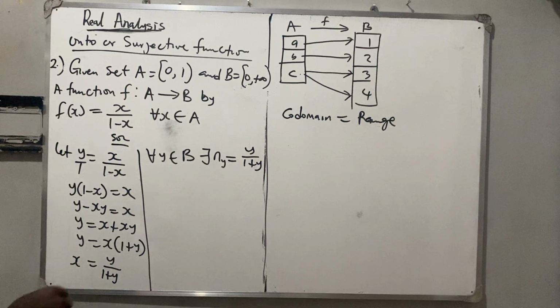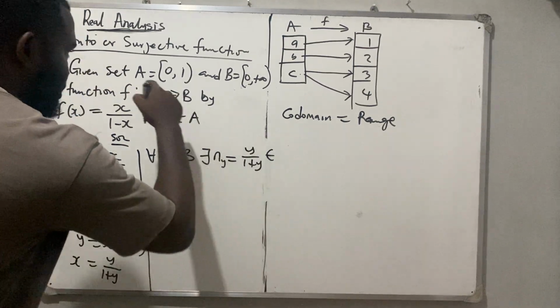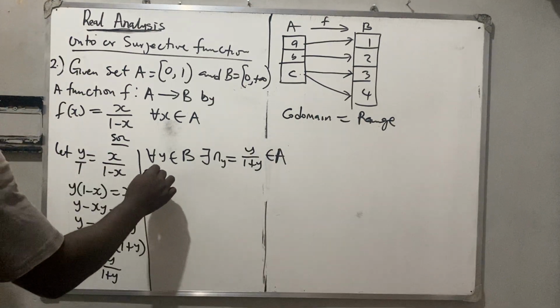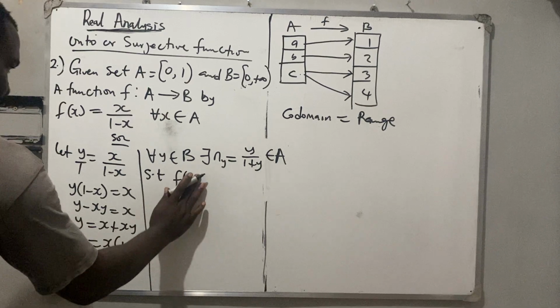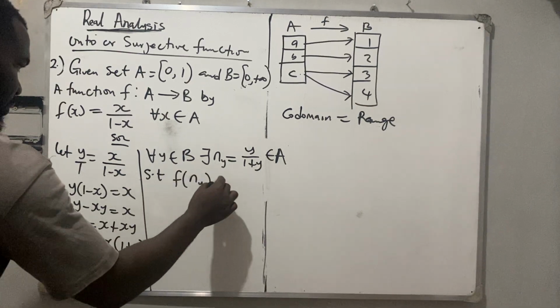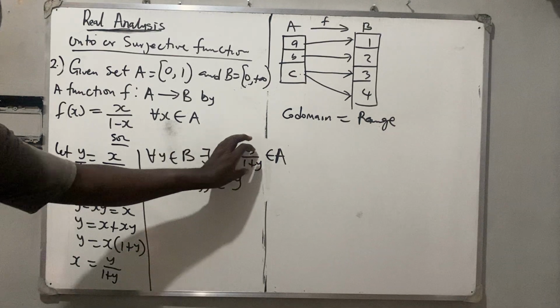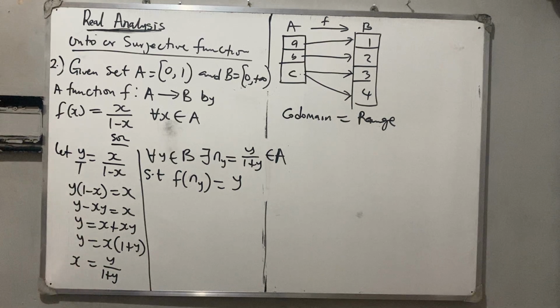That belongs to set A such that f of n of y must be equal to y. Yes. If you put that function here, inside here, it must give you y. Let us check if it is true.